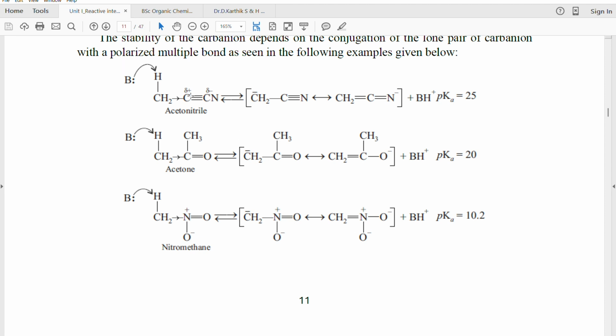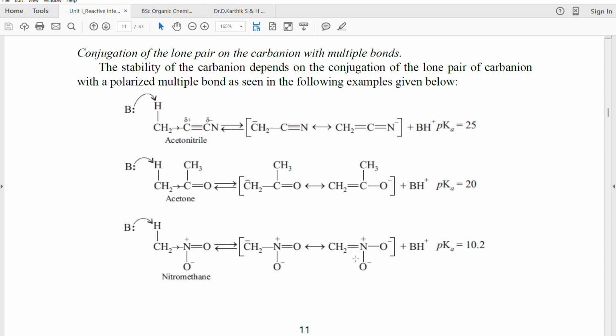So now, as I said, the C triple bond C, that is the CN group, will stabilize through this. Similarly, the CO group will stabilize like this, and the nitro group will stabilize through this conjugation. So the conjugation or lone pair which is present near either a carbocation or a carbanion, whatever it may be, will stabilize both the carbocation and the carbanion.